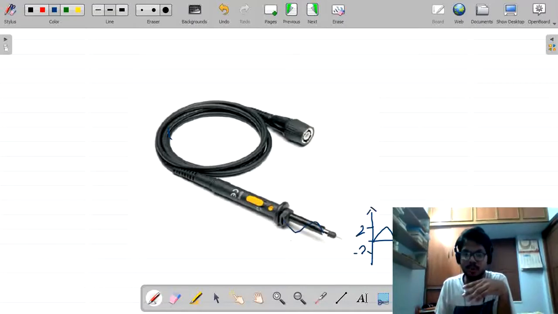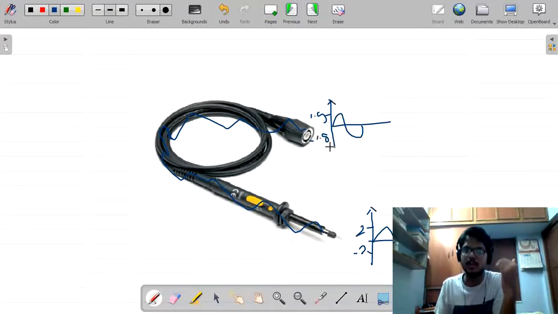As the wave propagates into the wire, then, as the wire is a conductor, there may be a loss or attenuation of the signal, and my signal may reach an amplitude of plus 1.5 and minus 1.5 volts. This is what actually happens there, and my signal shape may also change.